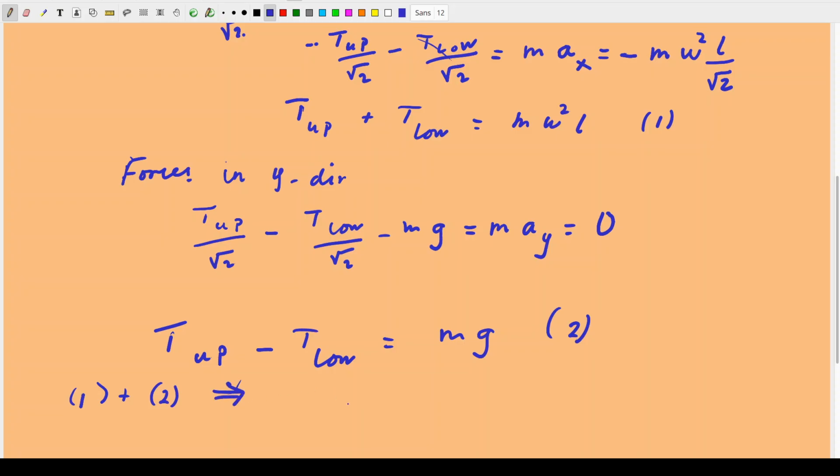What do we get? We get 2 T up equal m omega square L plus mg.